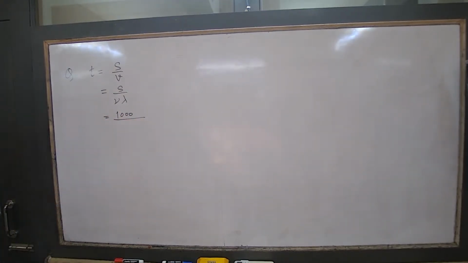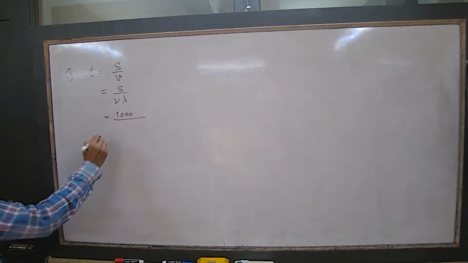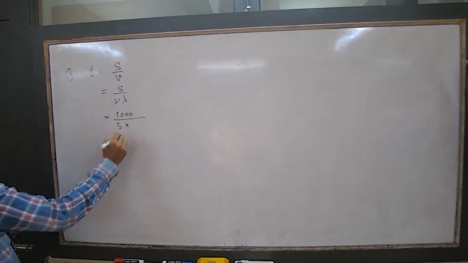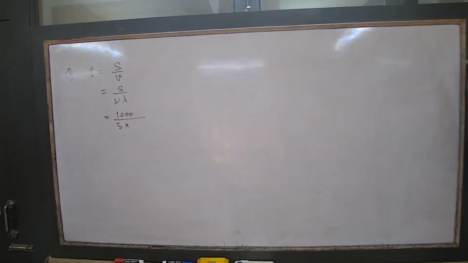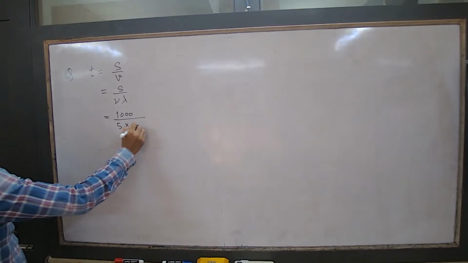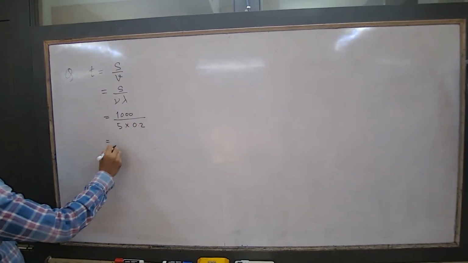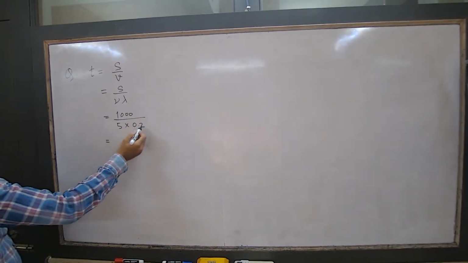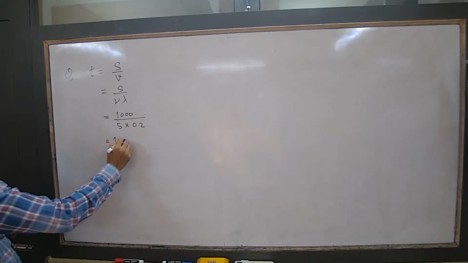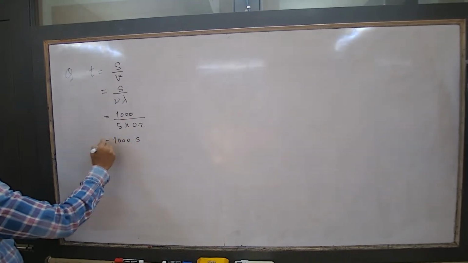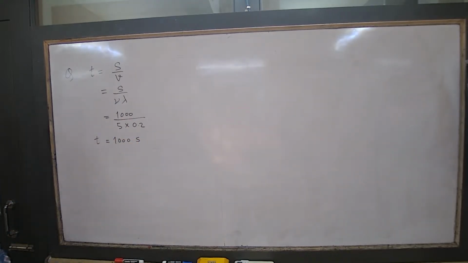This is 5 Hz. And how much is the lambda? 20 centimeter is 0.2 meter. So this is it. So 5 times 0.2 is 1, so it will be 1000. It will take 1000 seconds. Okay? So it will take 1000 seconds.